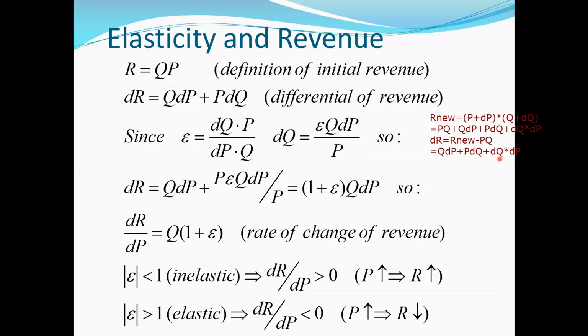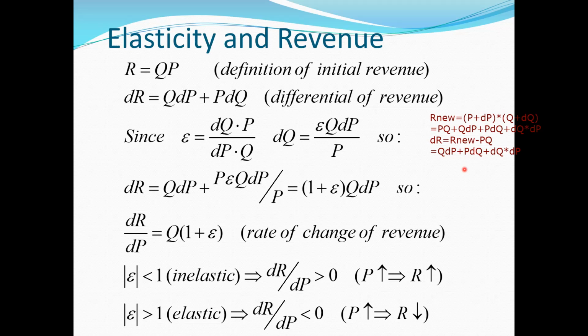And when you multiply two small numbers, they're insignificant compared to the first two terms. When you multiply 0.01 by 0.01, for example, that becomes way smaller than any of the original numbers. And that's what's going on here. So differential of revenue, you can just express that in terms of QdP plus PdQ.